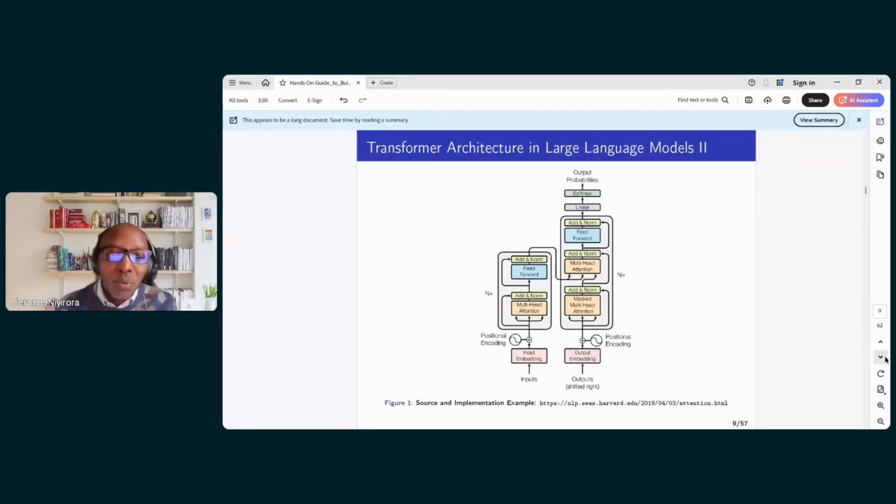So this was the original structure of the transformer. Initially, it was built for translation. In fact, for a lot of the programs in those days, it was about how you translate, say, between English and French, between this language and that language.